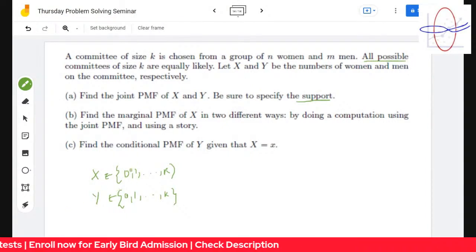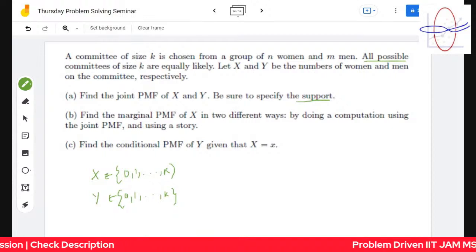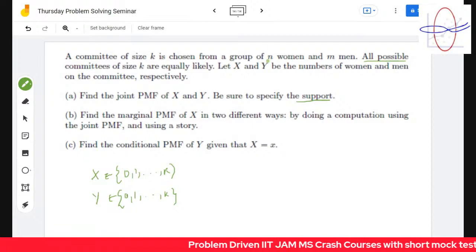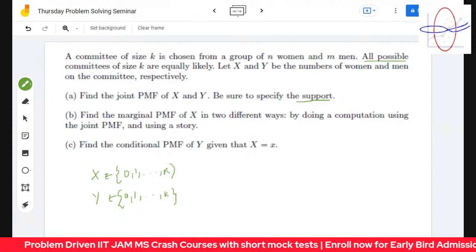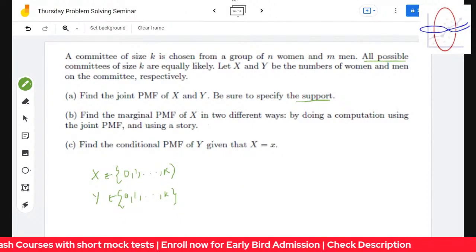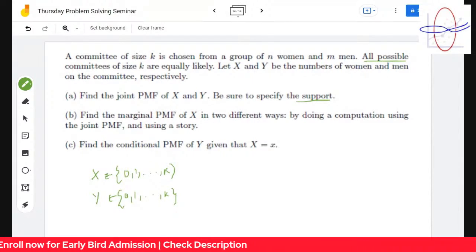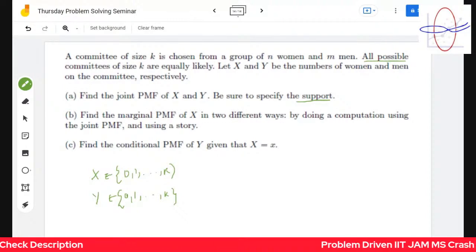If there were a condition that at least one woman and at least one man will be there, then the range would have started from 1. You're totally correct. Perfect. This is a super important condition that you need to state.